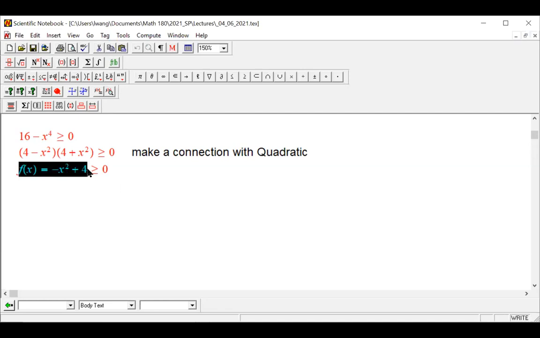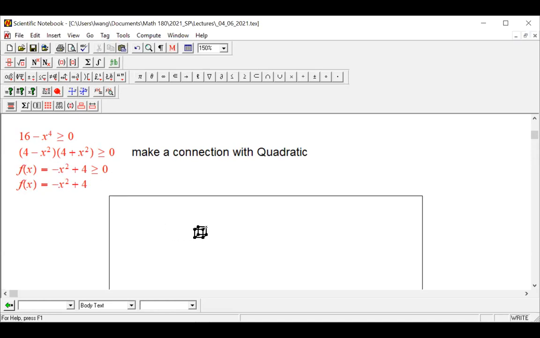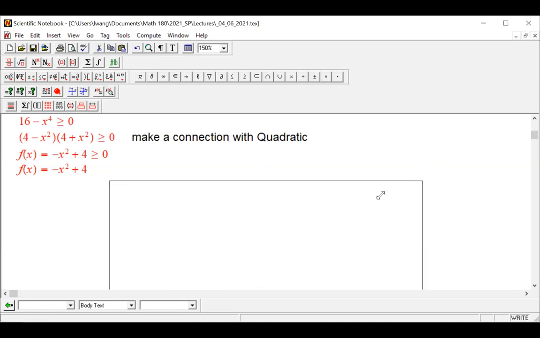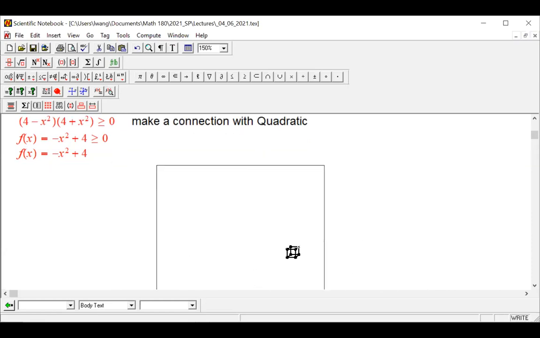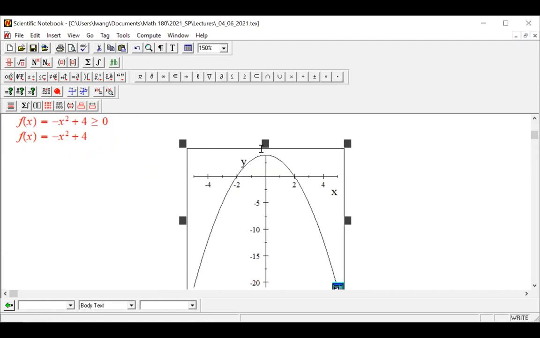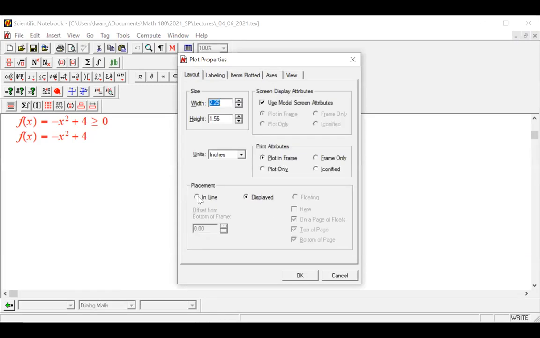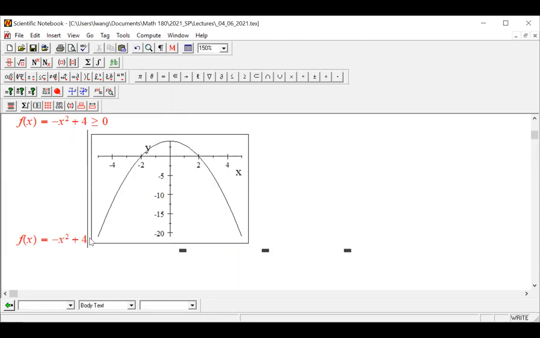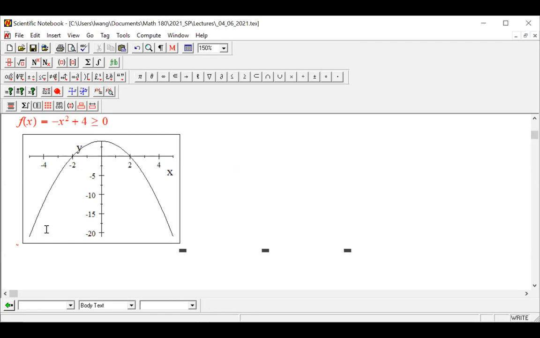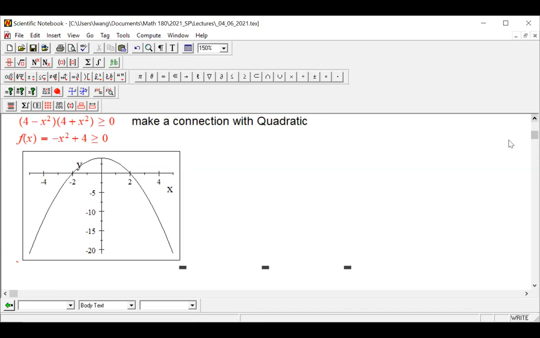So you're going to graph this picture, finding the x-intercepts. You have 2 points, and you want it to be greater than or equal to 0. Do you guys follow me? And of course, you just need to find the x-intercept.